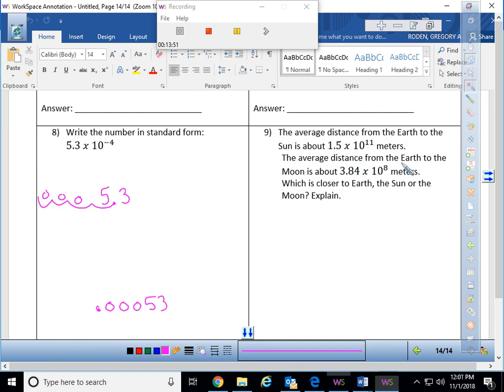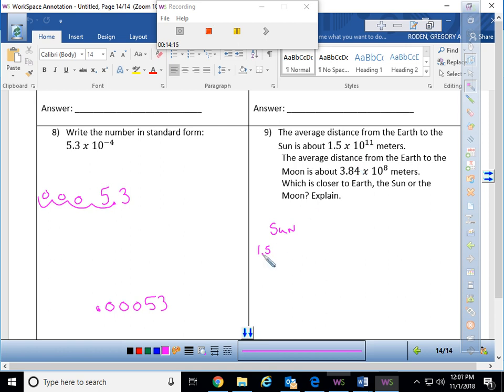All right. The average distance from the Earth to the Sun is about this many meters. The average distance from the Earth to the Moon is this many meters. Which is closer to the Earth, the Sun or the Moon? Okay, well, let's take a look. So the Sun, let's put these in standard form, okay? So we have 1.5 times 10 to the 11th.